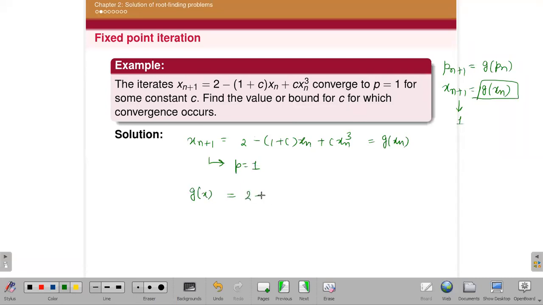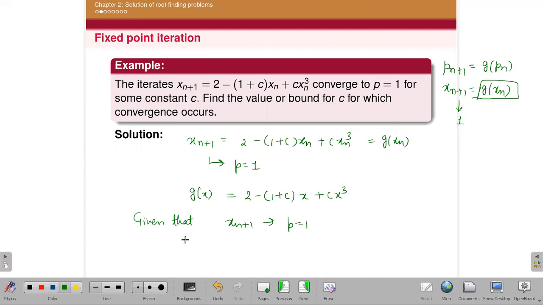So now I can write 2 minus (1 plus c) into x plus c x cube. So it means it is an appropriate g of x. Appropriate means this g of x satisfies the three conditions for the convergence. So here it is given that xn plus 1 is converging to p equal to 1.